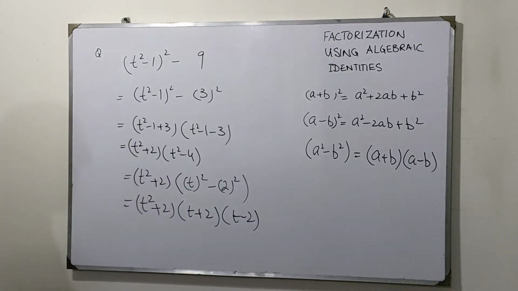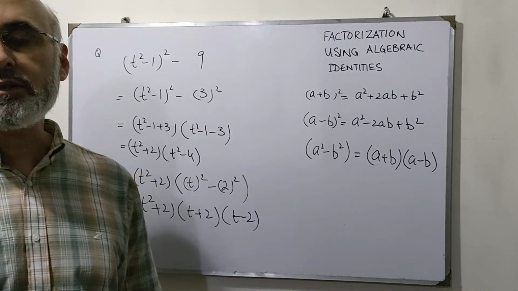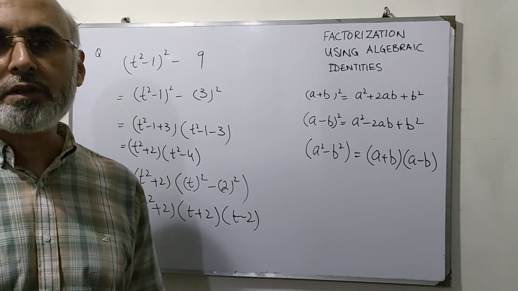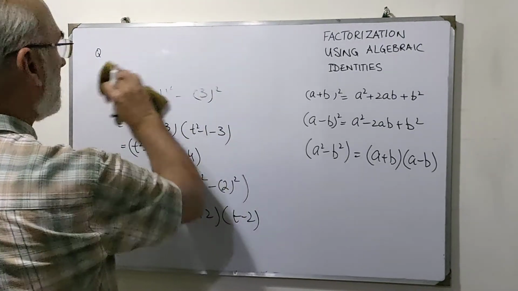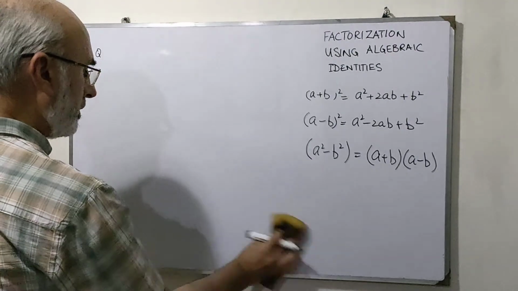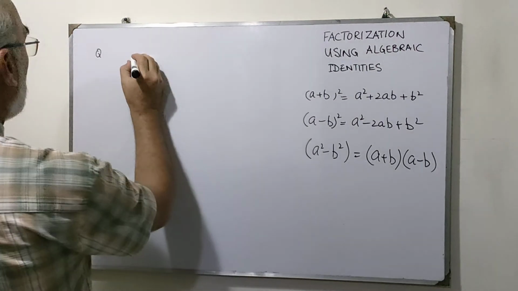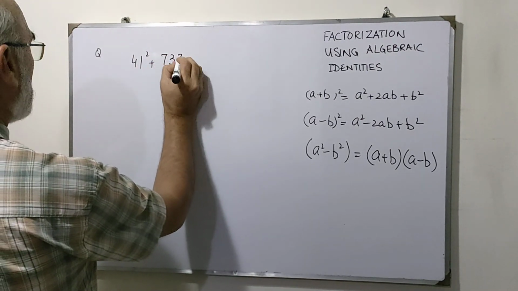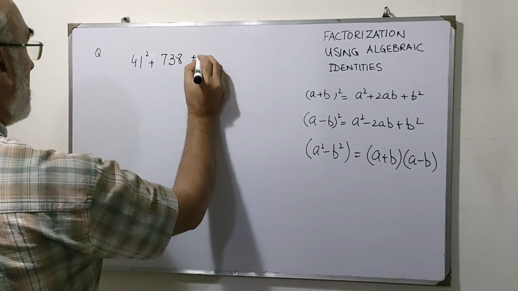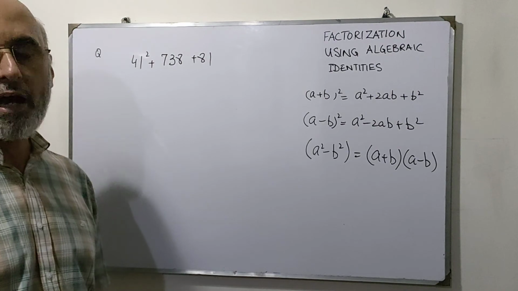Okay. Now let's take one more example to evaluate some value, right? 41 square plus 738 plus 81. Okay, we have to evaluate it using identities.